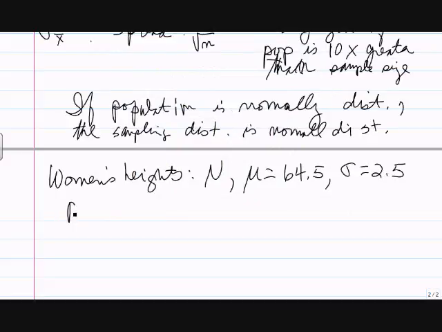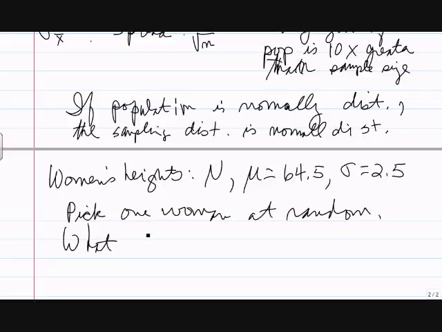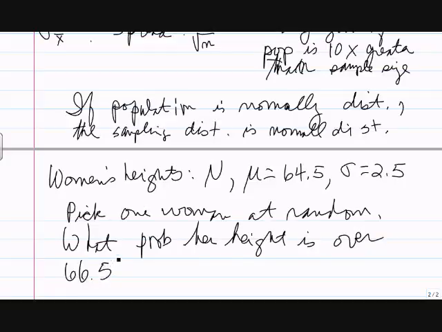So we're going to pick one woman at random. Okay, what's the probability her height is over 66.5 inches?